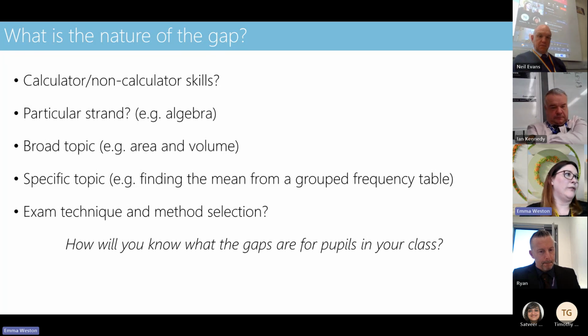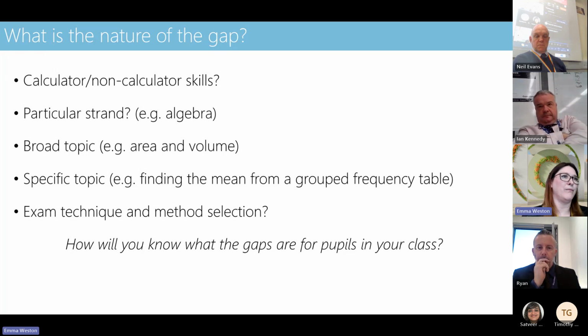Of course, in order to identify what these gaps are, we're going to need a bit of data for our class. So think about what kinds of information you've got that's allowing you to identify the gaps. So I already mentioned the question level analysis, and that's probably something that we rely on quite heavily as teachers a lot of the time.